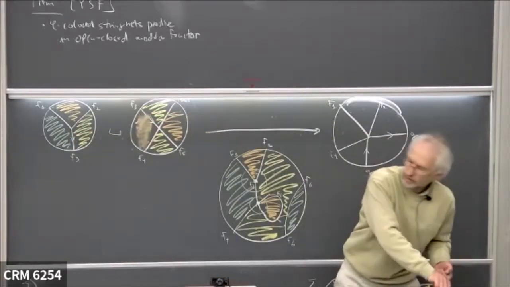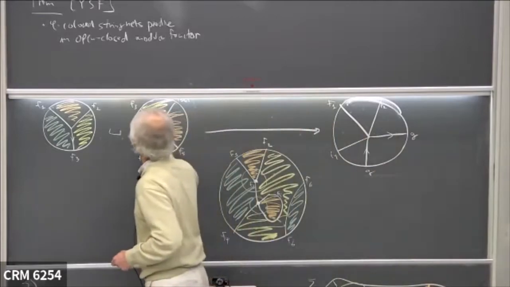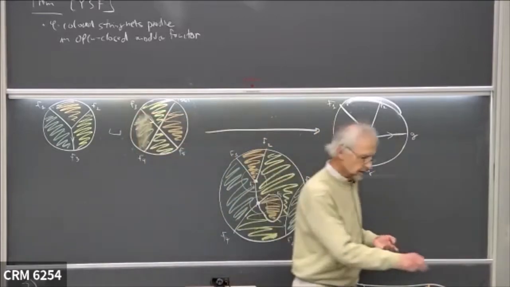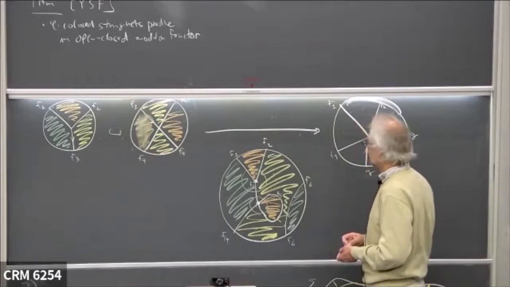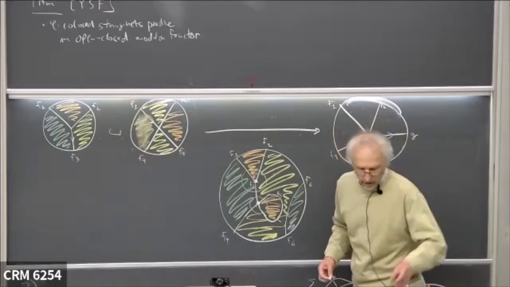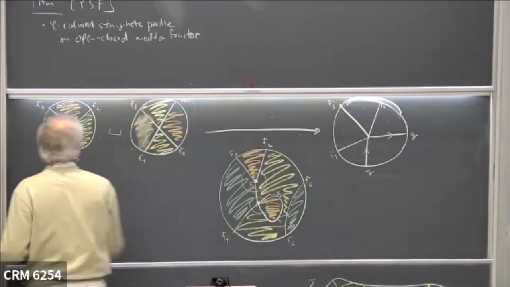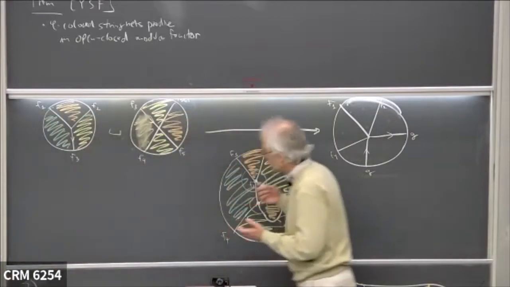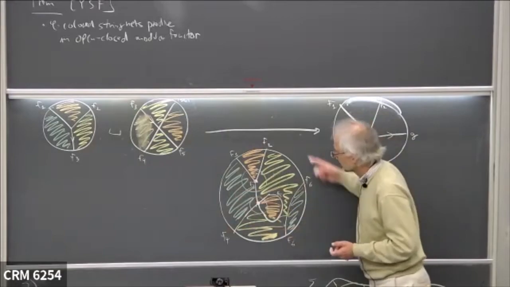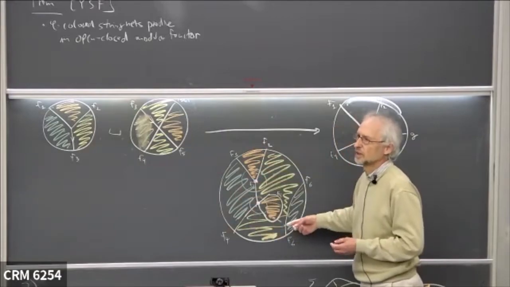Well, the object in my 2-category, which I indicated by this color here, and then the morphisms are defined as what you get by using morphisms of this type as generators.